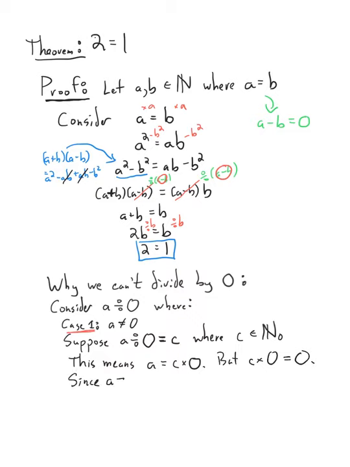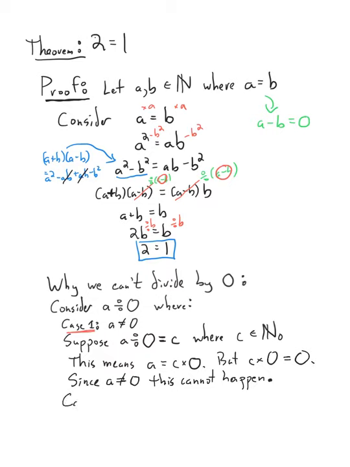Since a doesn't equal 0, this can't happen. This in some sense is a contradiction. We're going to talk about contradictions a little bit later in the course, but I'll just leave it at that for now. There's no way that you can multiply any number by 0 to get something non-zero.